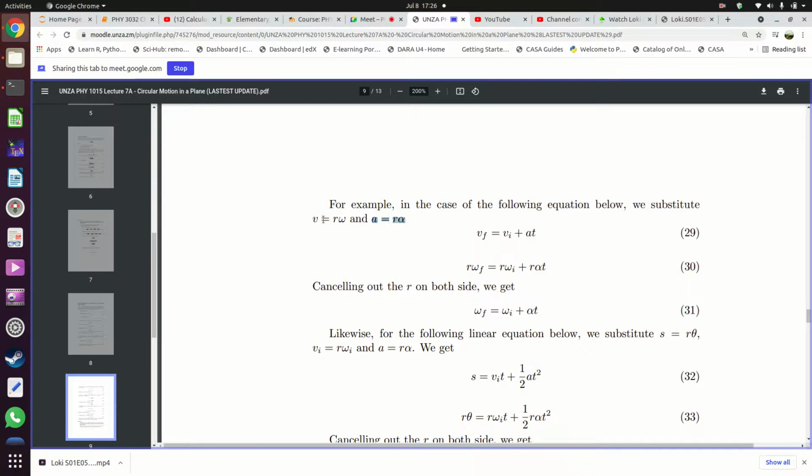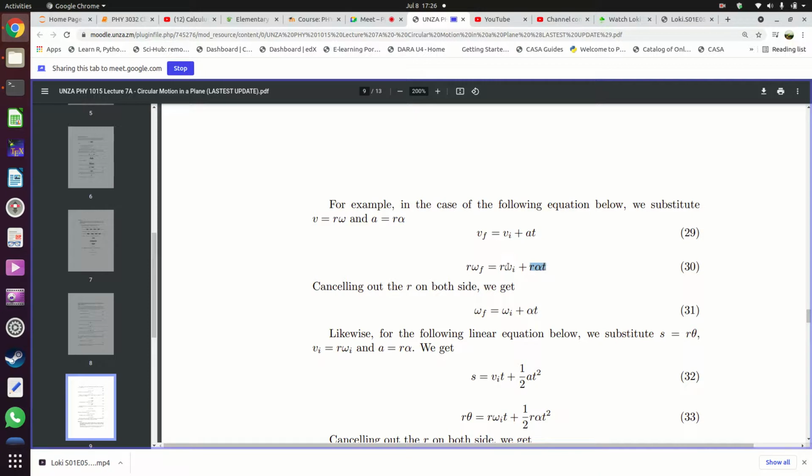So we're going to substitute for V: for V, we put r omega, and for A, we put r alpha. So for final velocity Vf, we end up with r multiplied by omega f equal to r omega i, where Vi is the initial velocity, plus the linear acceleration A, and we know that A is equal to r alpha, so that's r alpha t.